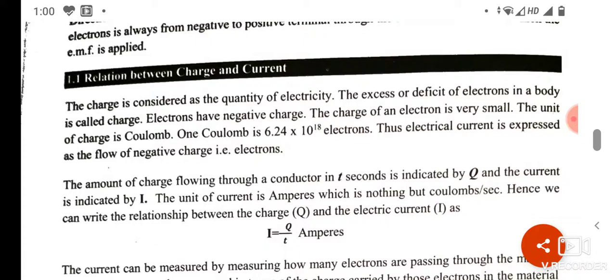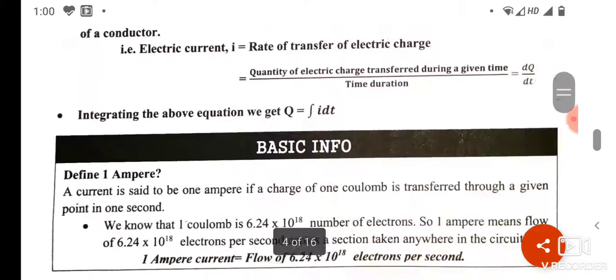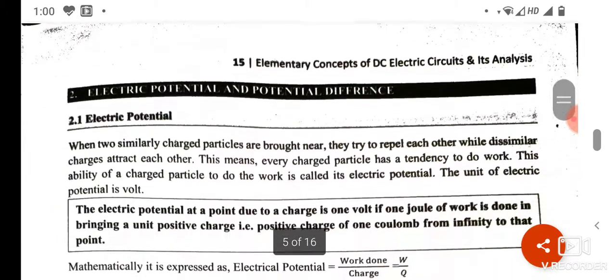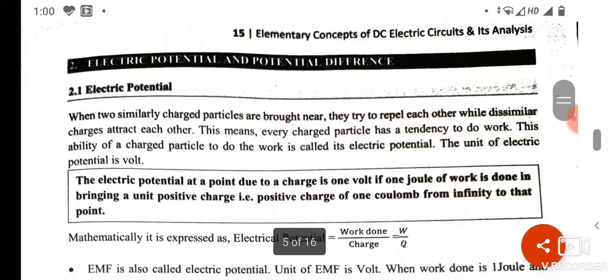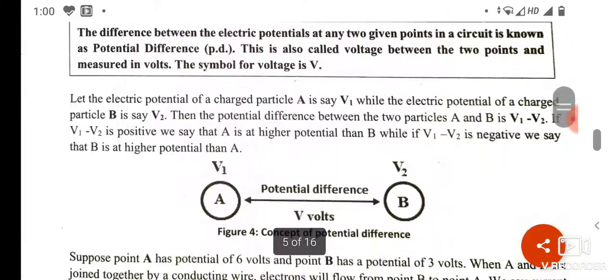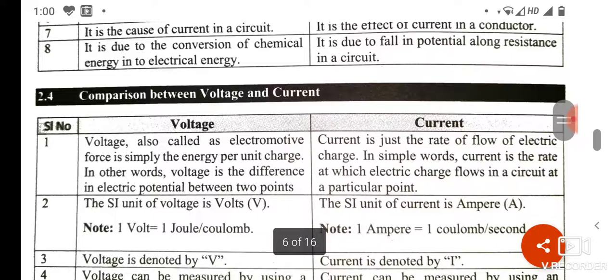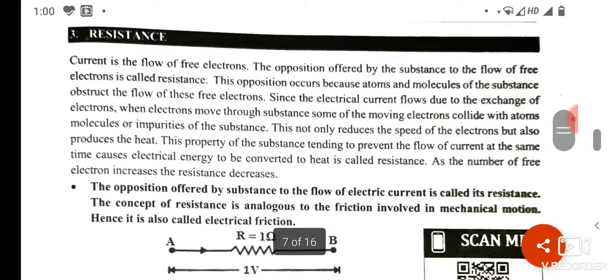Rate of change of charge is termed as current. Okay, all the definitions are important. What is electric potential and what is EMF, we have tabulated everything. Then comparison between voltage and current, connection of a resistance in series and parallel. This is all for today.